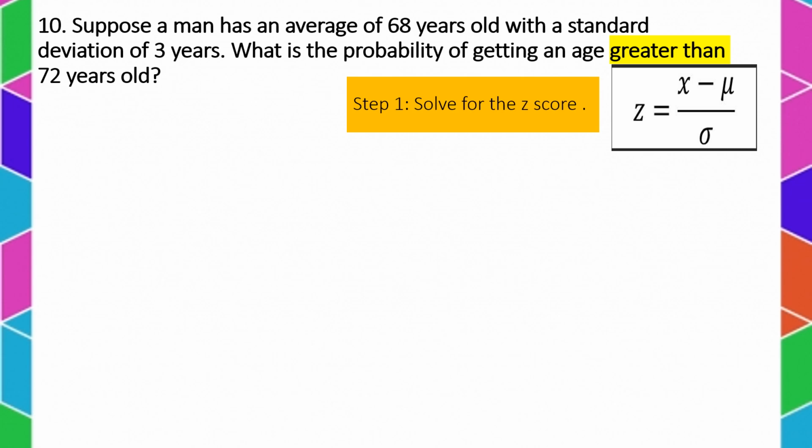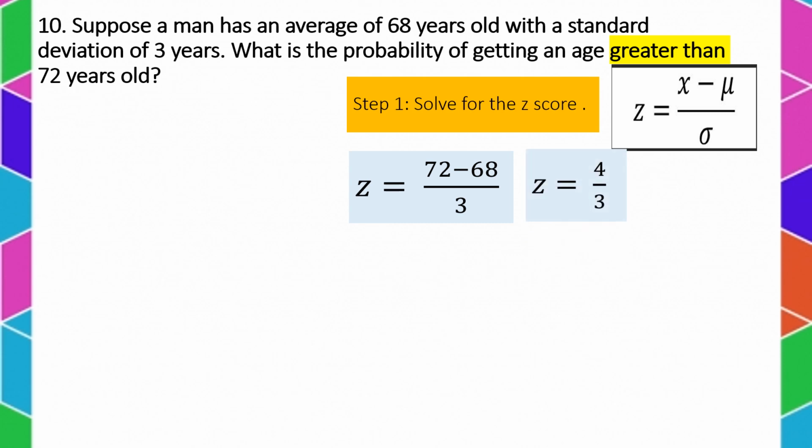Okay, the mean is equal to 68 since meron siyang clue na average. And then, yung SD, the standard deviation is 3 years, equivalent to 3. And then, x, which is the random variable, equal to 72 years old. So, following the formula, we have 72 minus 68, then divide this by 3.